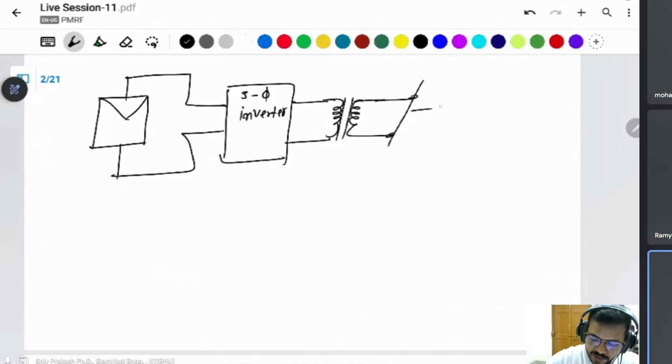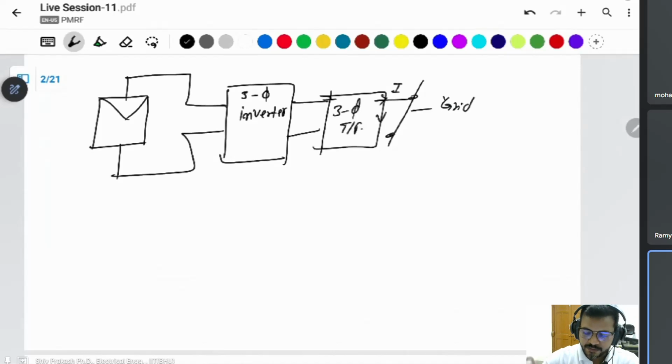Then this system is connected to the grid. There is a current and voltage. If we talk about three phase, then simply use a three-phase transformer, because the grid has a three-phase system. The PV has a voltage VPV and current IPV.